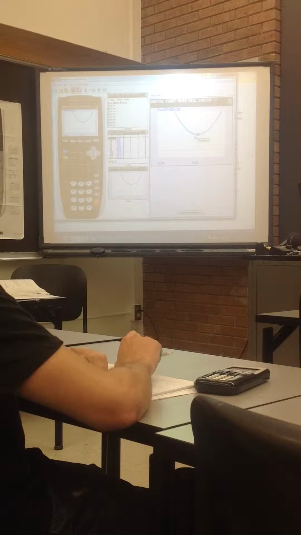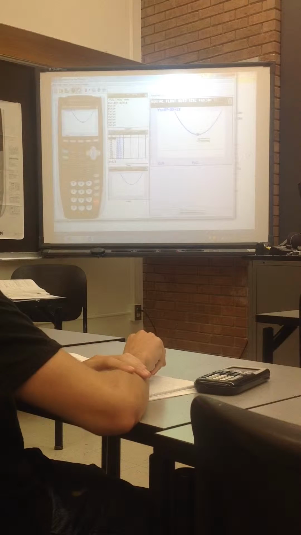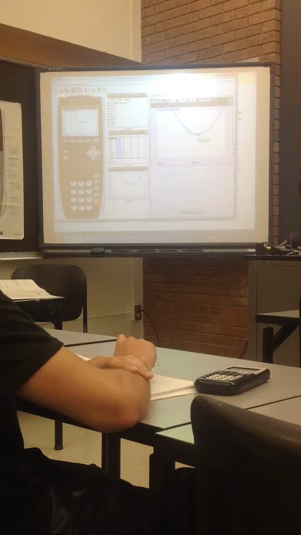Between 3 seconds and 4 seconds, my average slope was down. I'm going to find the line that goes from 3 to 4, and then a line that goes from 4 to 4.5, and we'll graph both of those lines. It won't be tangent because it's going through 2 points.